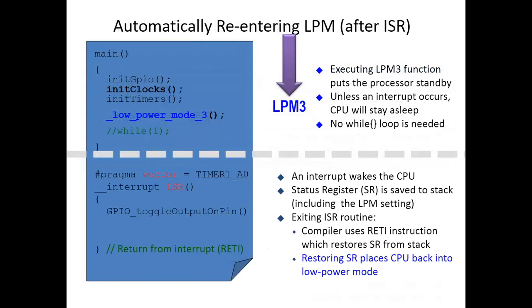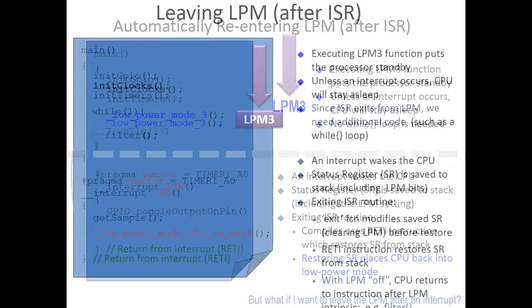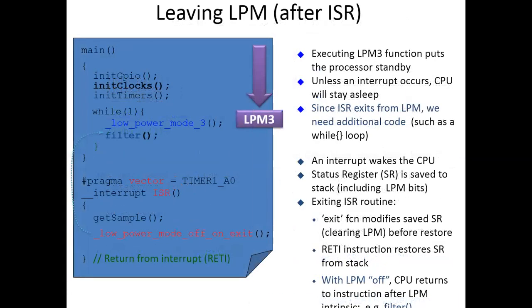Unless an interrupt occurs, it will be in the low power mode. When some interrupt occurs, the CPU activity happens, which you can observe in the second part of this code. Maybe some GPIO toggle output, some function is here. After completing this function, it goes back to the low power mode, which is in the main function.